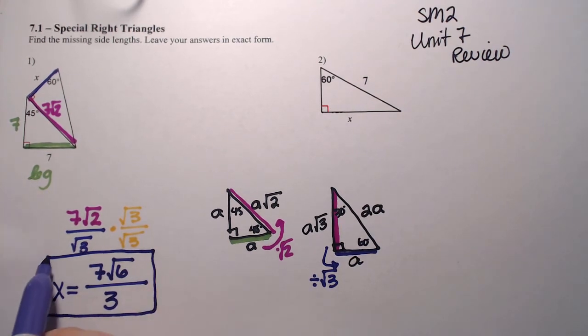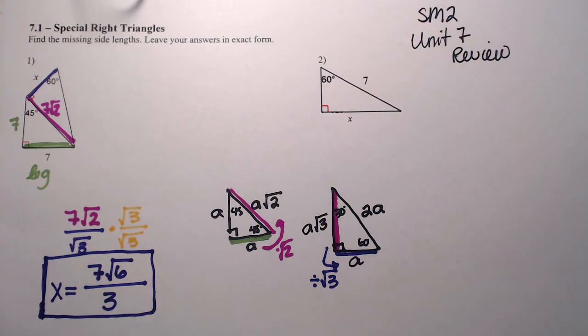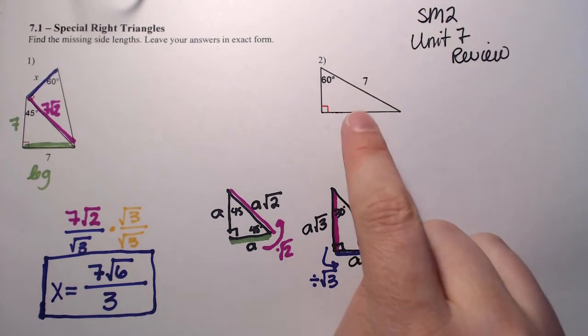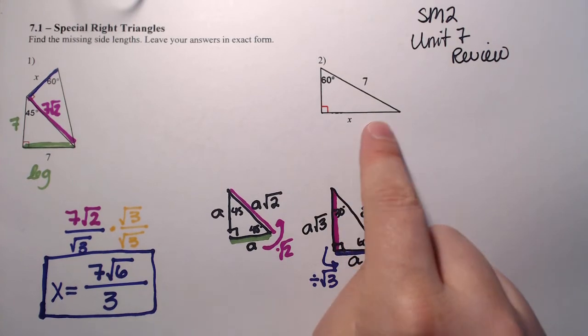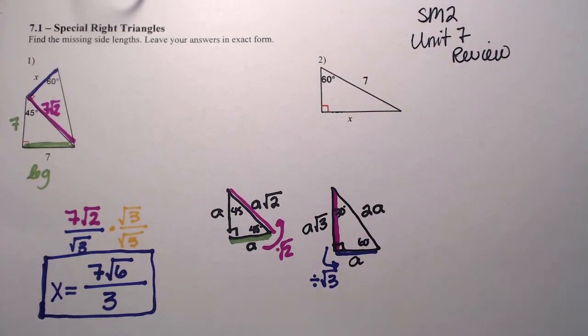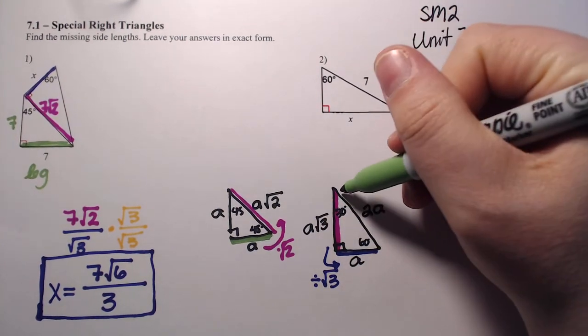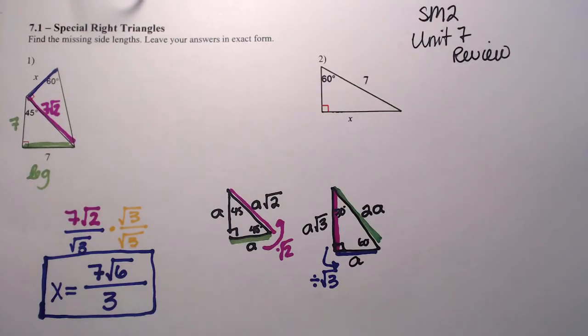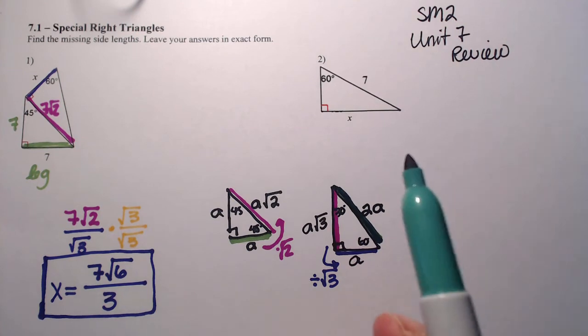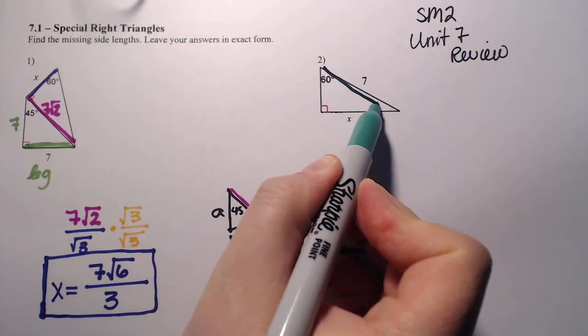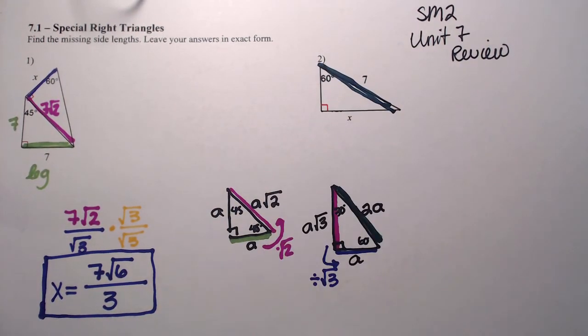The process is simple. What gets complicated is having square roots in there. Okay, and then on this one, I have the hypotenuse, 7. I need to get to the long side.